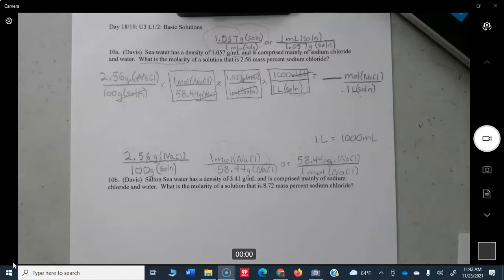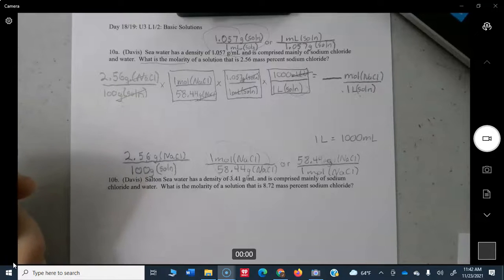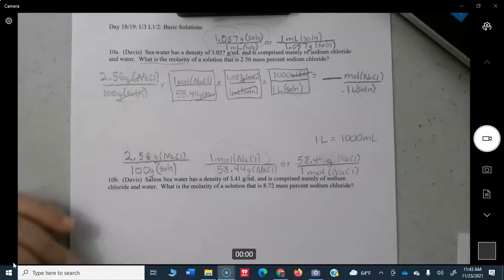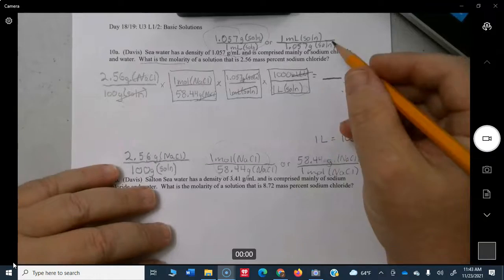Okay, so now we multiply everything on the top, 2.56 times 1 times 1.057 times 1,000, divided by everything on the bottom, divided by 100, divided by 58.44, divided by 1, and that gives us 0.46 moles per liter.